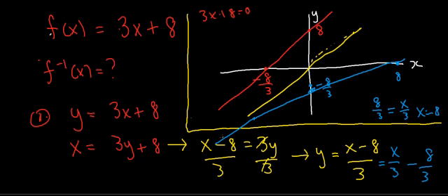Sorry, this might not look like it because my drawing is just horrific. So when you're swapping all the x's with the y's, you're simply reflecting the graph across the line y equals x. Something interesting to note, and this can help us solve our next problem.